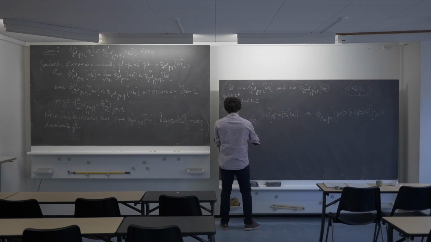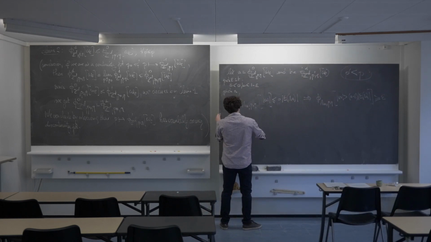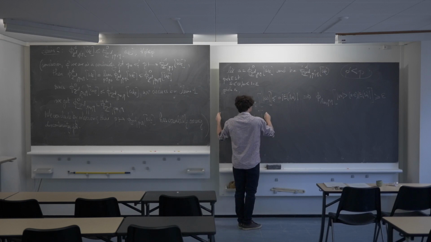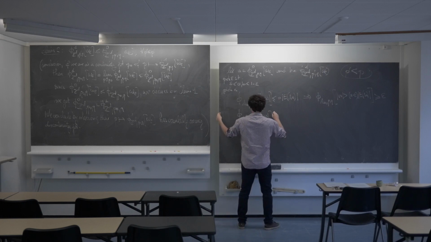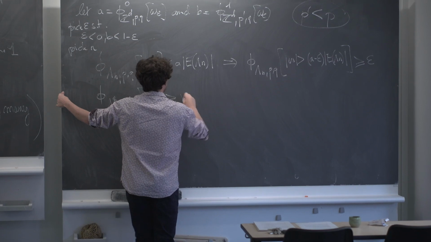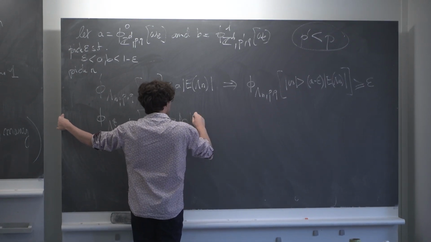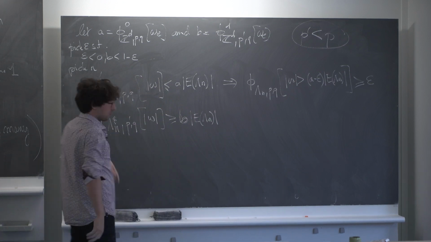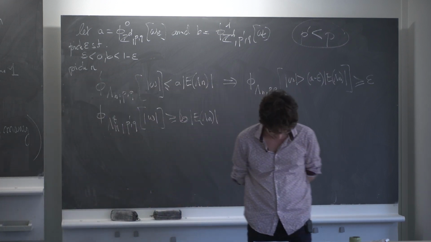In the same spirit, phi lambda n ghost p prime q of omega is larger or equal to b times e of lambda n. This is just using the domination in the other direction.